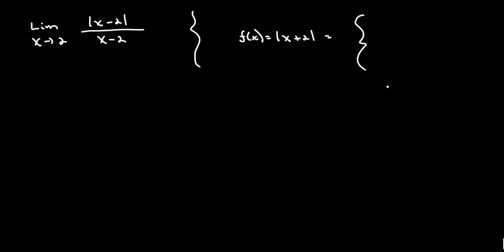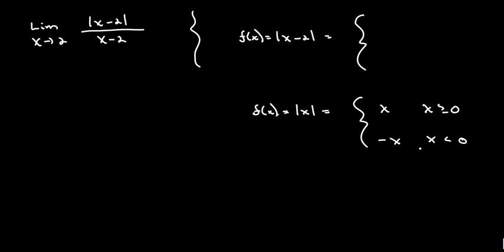Our interval spot, our division, will be at 2. So watch how I'm going to do this. Our original f of x, if f of x was the absolute value of x, we defined it as x when x is greater than or equal to 0, and as negative x when x is less than 0.